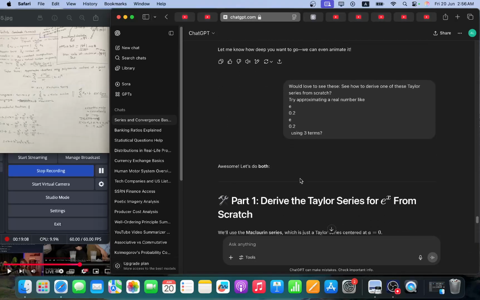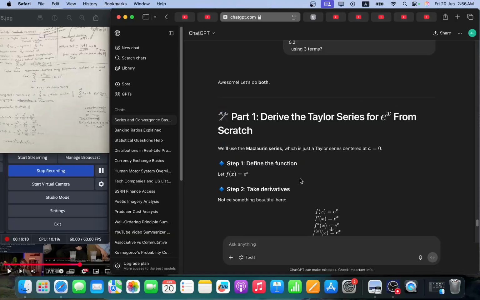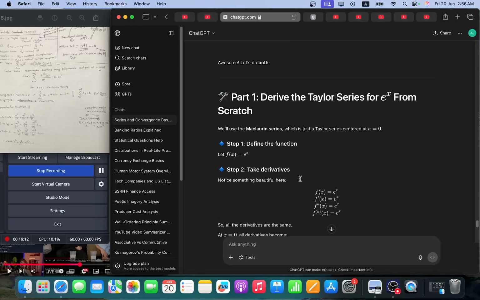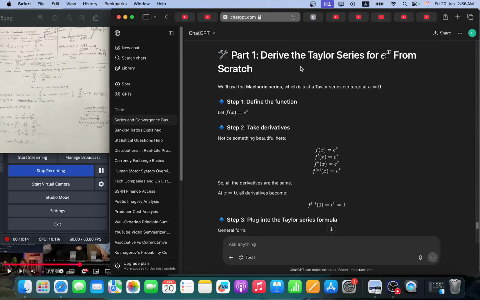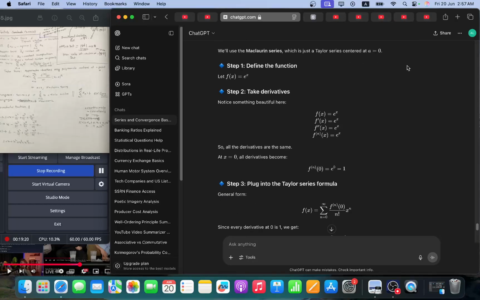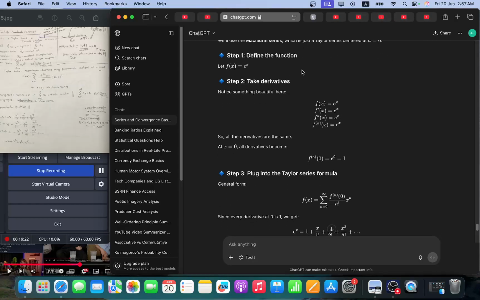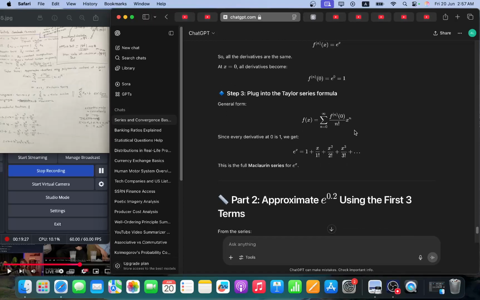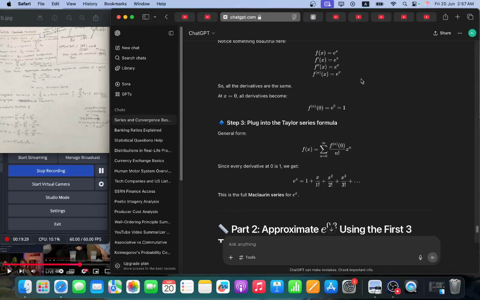So breakdown, and what is the derivative? Part 1, derive the Taylor series for e to the power x from scratch. Step 1 is define the function. We did. Take derivatives. We did, and all the derivatives are the same, and that figures.